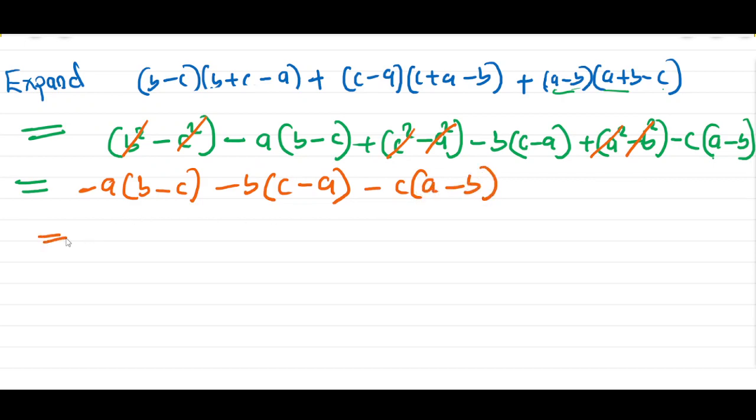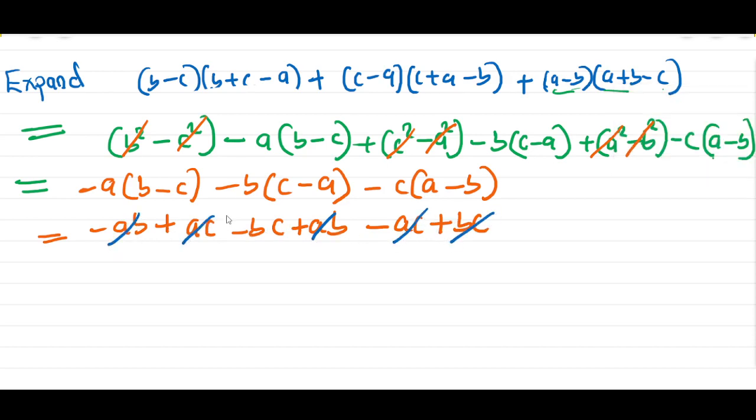What this will give us would be negative ab plus ac, and then negative bc plus ab, and then negative ac plus bc. So let's observe what cancels. ab cancels nicely, ac cancels nicely, and bc cancels nicely.